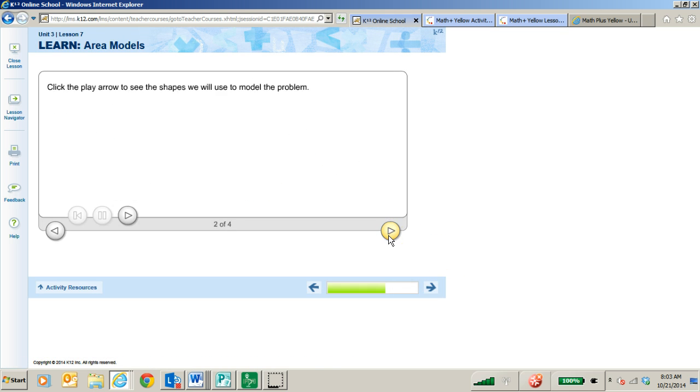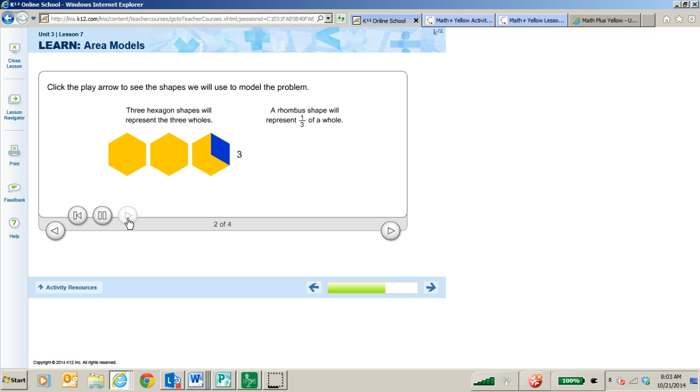Here we are dividing something into thirds. So we have 3 hexagons that are our wholes, and we're dividing by thirds. How many thirds are in 3 wholes?